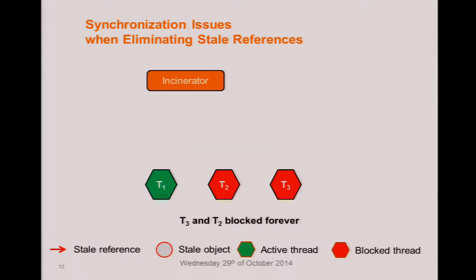Thread 1 will continue running, and threads 2 and 3 will be blocked forever. Why is that? Because they will have no more access to the object, thus no more access to the monitor of the object. And then T1 cannot notify the monitor, and T2 and T3 will be blocked forever. It's just a deadlock, an artificial deadlock that is caused by Incinerator.